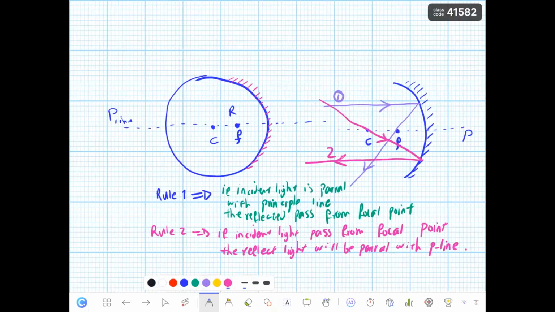Sorry, I drew it wrong, my bad. If the incident light passes through the focal point, now the reflected light will be parallel. This is going to be number two.